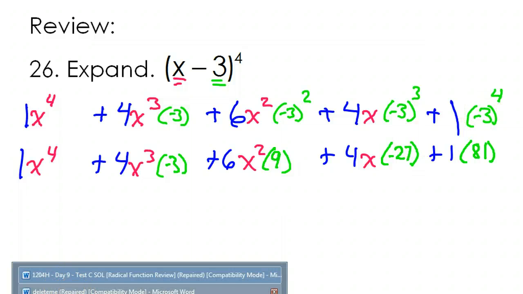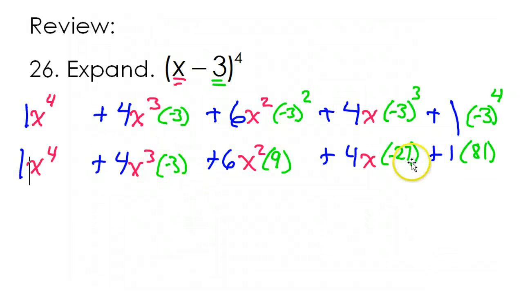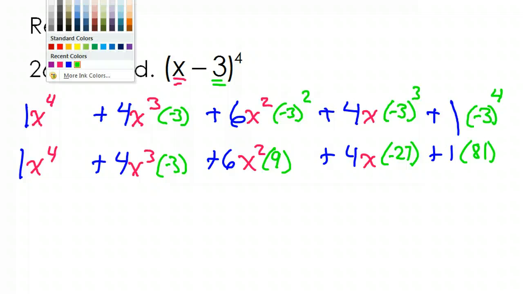You will be given a table like this. So 3 to the third power is 27. And here you can see that 3 to the fourth power is 81. But you will not have a TI-30XS MultiView. You will only have a 4-function calculator, so be emotionally prepared.